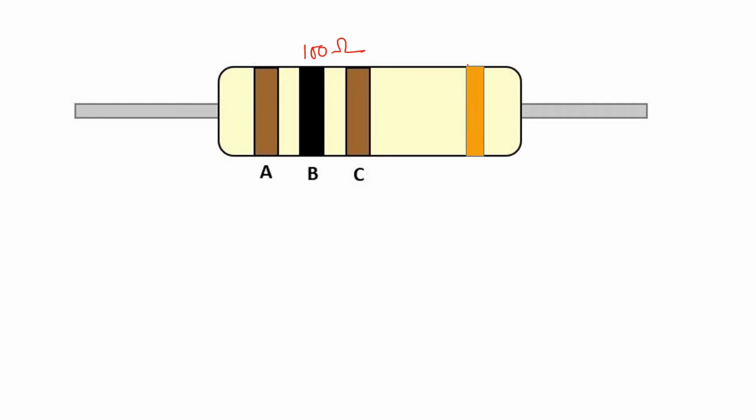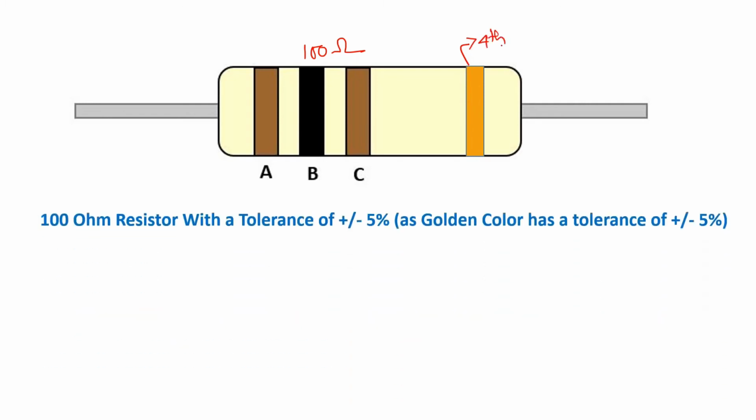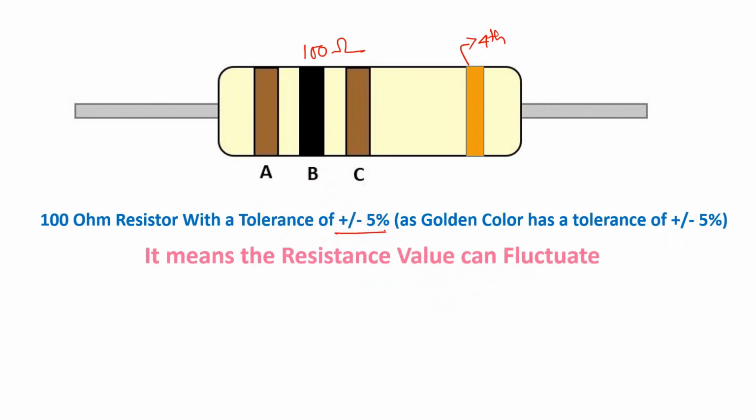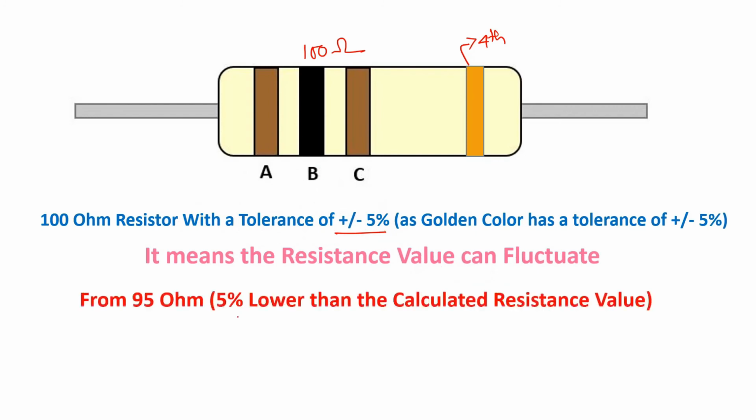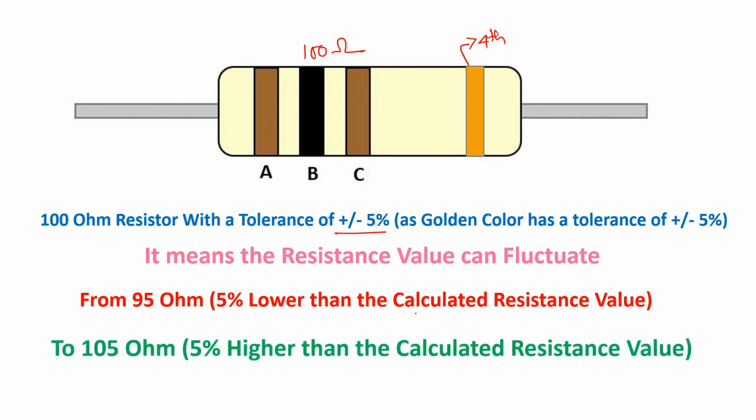If there is a golden color fourth band, for golden color there is a tolerance of plus minus 5%. So it means the resistance value can fluctuate from 95 ohms, which is 5% lower than the calculated resistance value, to 105 ohms, which is 5% higher than the calculated resistance value.